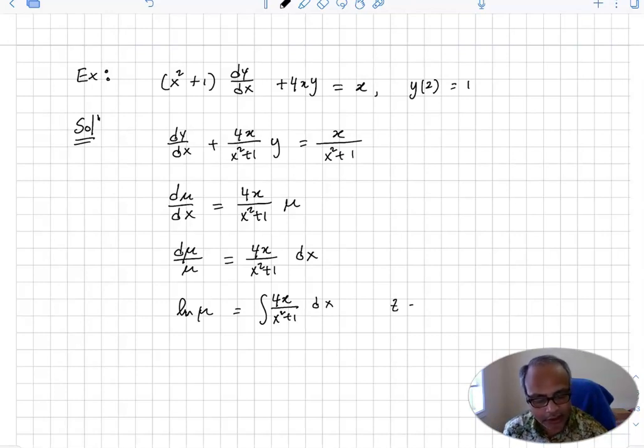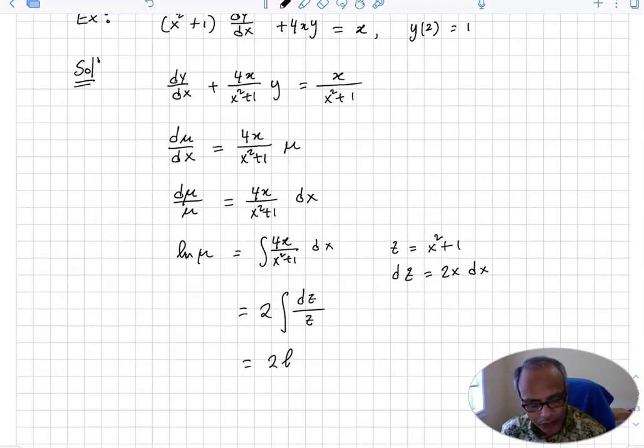So let's say z equals x square plus 1, then dz would be 2x dx. And if you look here, we have 4x, so we take 2 outside the integral, so we have 2x inside the integral, so 2x dx is dz, and x square plus 1 is z.